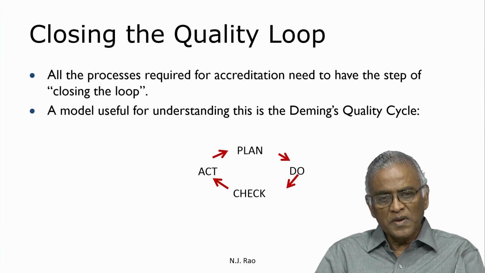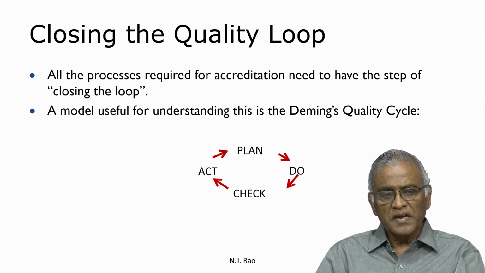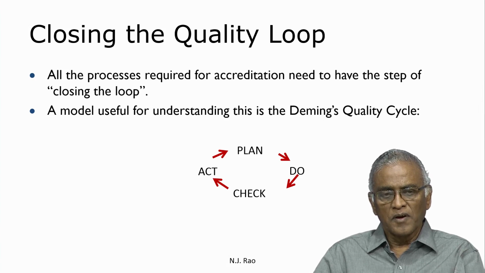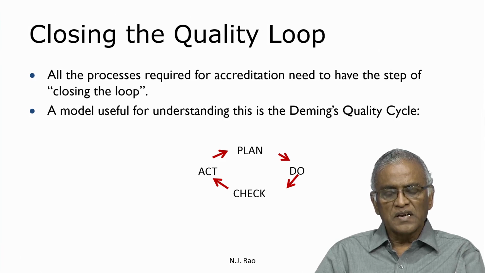And acting would mean that it has to get translated into a plan, and next time you repeat that activity. So, plan, do, check and act is the basic quality loop.